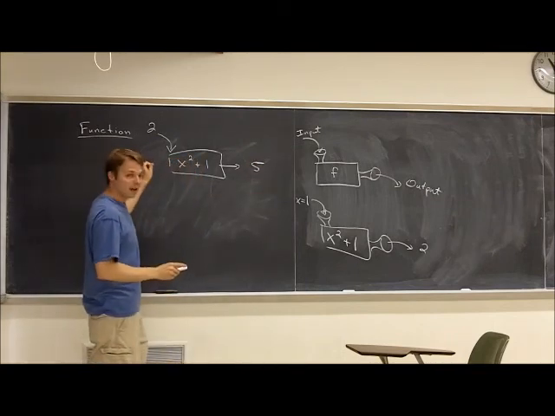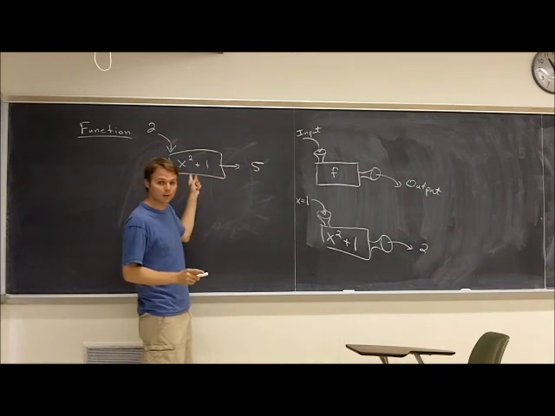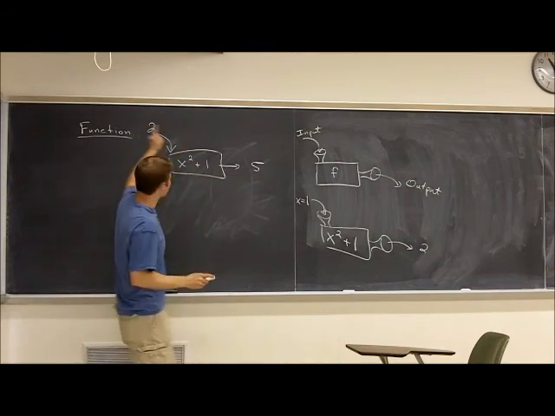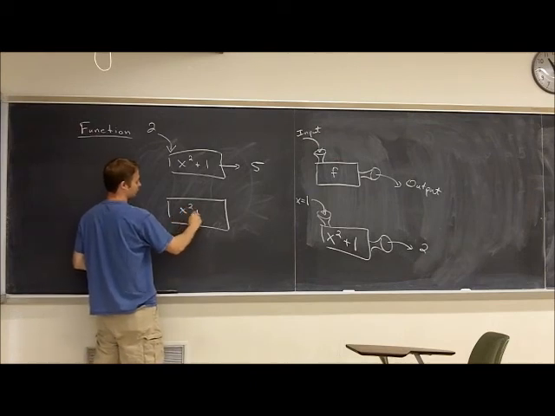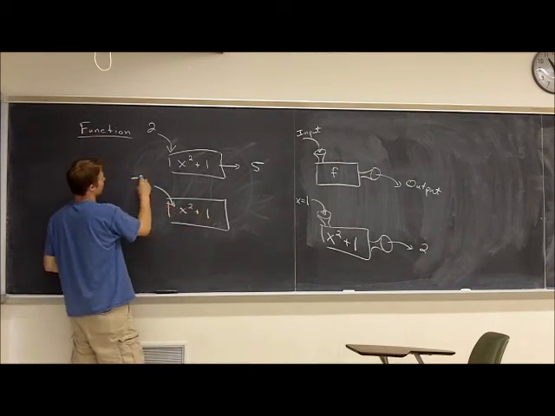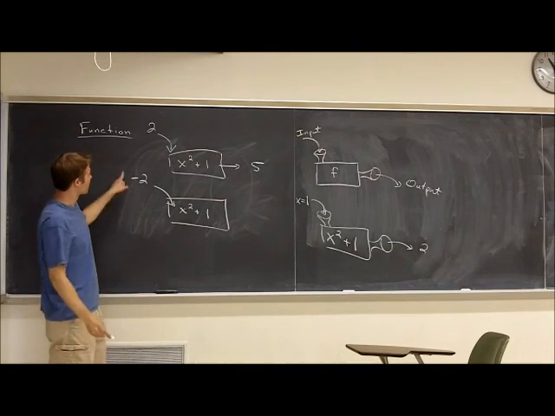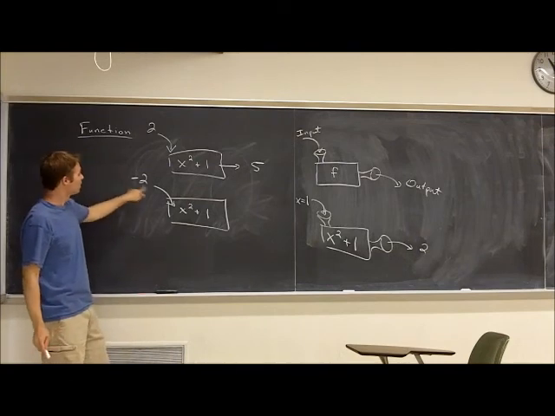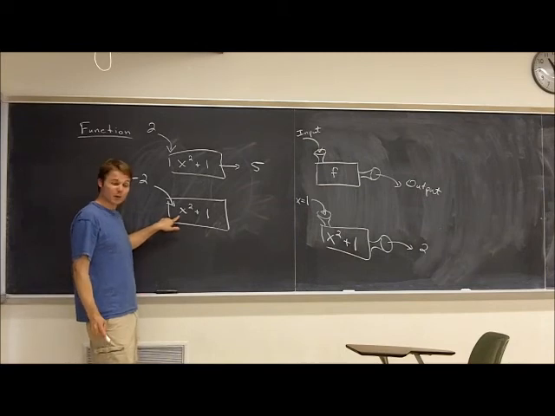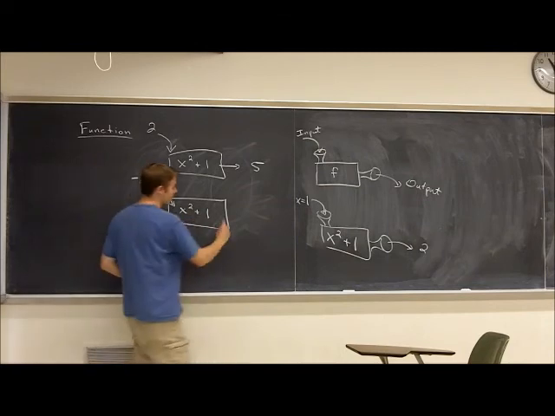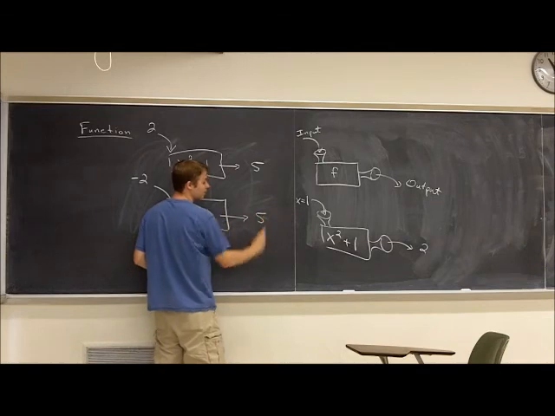Now notice you can have the same output come from different inputs. For example, if I put in a -2 into this function also, so -2 is my input now. It tells me to square -2, which again is +4. And when we add 4 to 1, we'll again get +5.